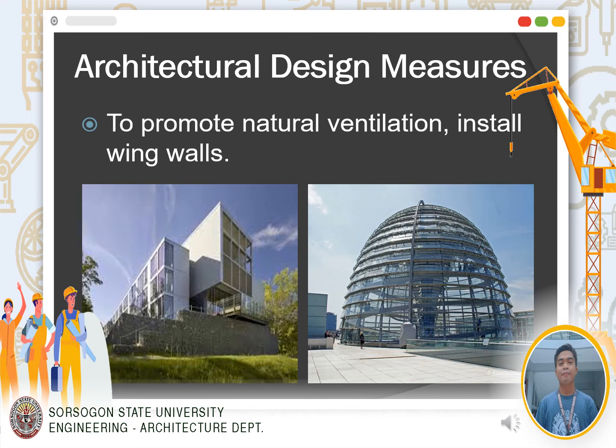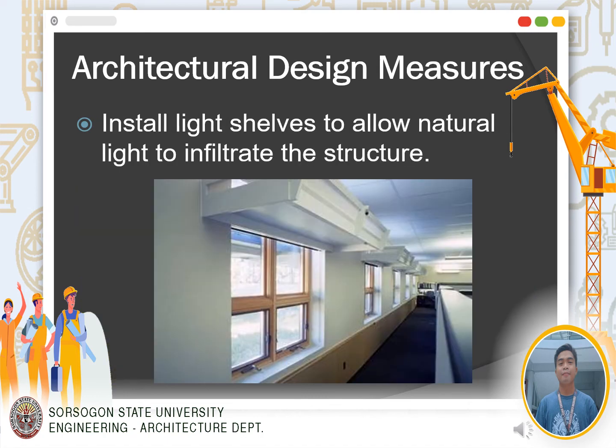Wing walls are designed to allow the most amount of natural air into your home as possible. Wing walls, whether larger or smaller, allow you to improve airflow using a cross ventilation system. And lastly, install light shelves to allow natural light to infiltrate the structure.